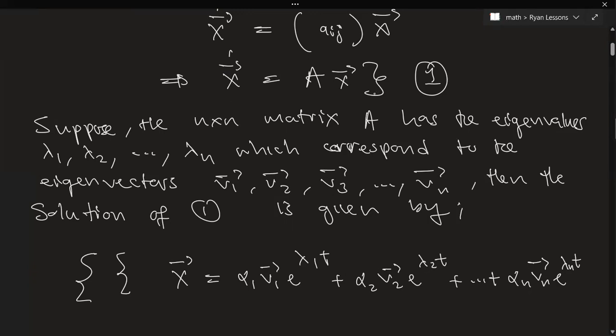So this here shows us exactly how this should be arranged in order for us to obtain a solution of any given linear system. You see that you always have some exponential terms which are functions of t, and the coefficient in the exponent is a typical eigenvalue of the matrix A. And in the coefficient, we have a scalar alpha 1, and v1 is the corresponding eigenvector for that respective eigenvalue, like that.